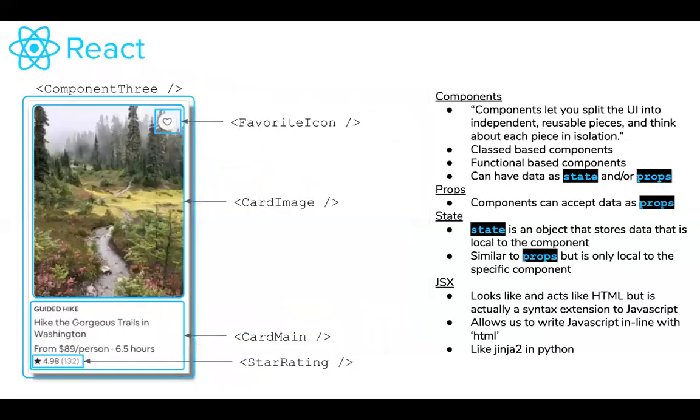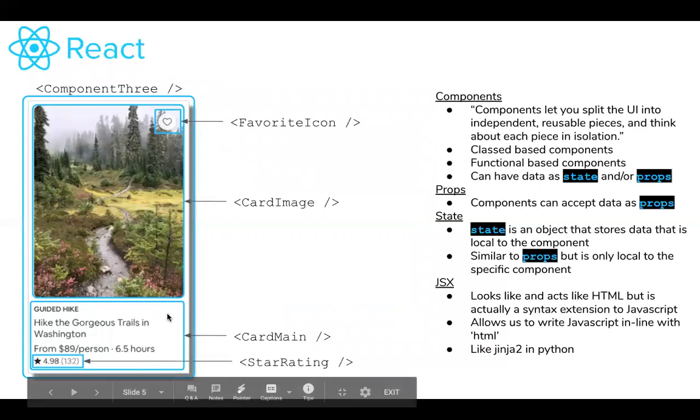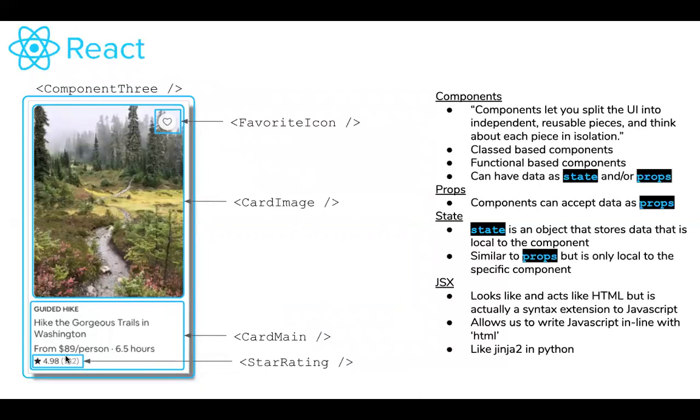A component can also have smaller components inside of it. Kind of like the parent and children thing when we talk about interacting with the DOM. So in this example of component 3, this icon can be its own component. This card image is its own component. This text can be its own component, and so can the star rating.